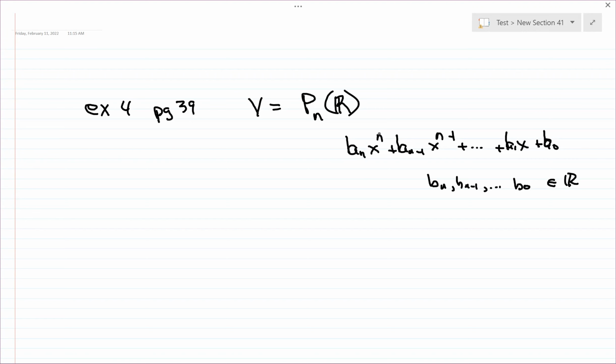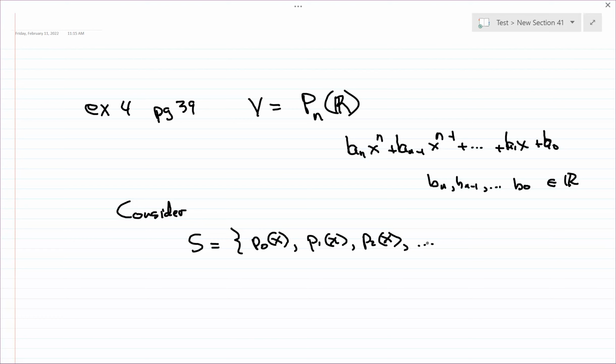So consider the set S that has P0 of X and then P1 of X and P2 of X all the way up to Pn of X. And let me tell you what they are.